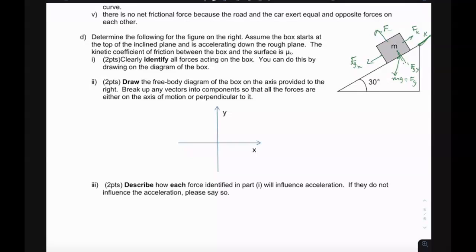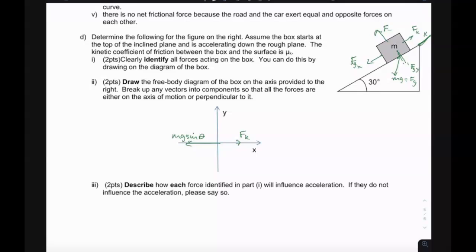So if I call the x direction the axis of motion, then I have F sub k acting in this direction, and mg sine theta acting in this direction. And it should be drawn bigger than F sub k because it is accelerating down the incline.